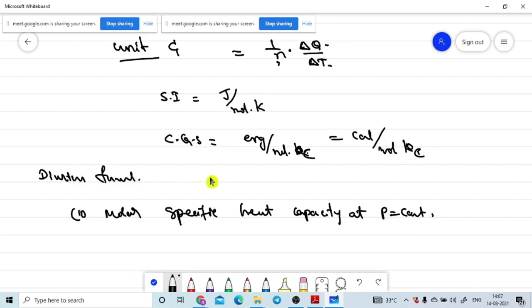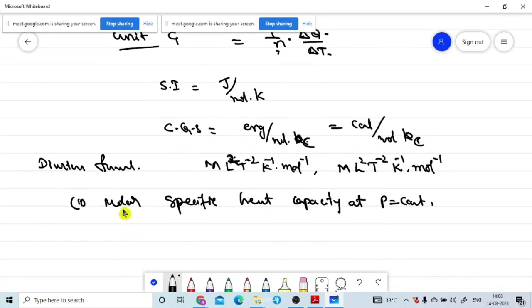Energy is ML² T⁻², so the dimensional formula is ML² T⁻² K⁻¹ mol⁻¹. This pen is not working, so let me write the same equation once again: L² T⁻² K⁻¹ mol⁻¹, with the mass factor included. This is the dimensional formula for the molar specific heat capacity.